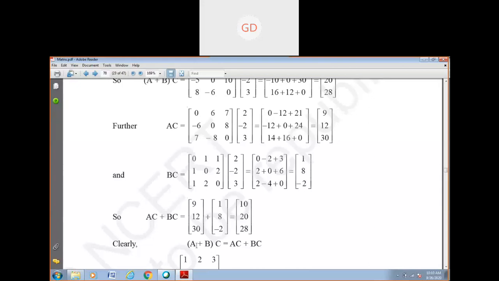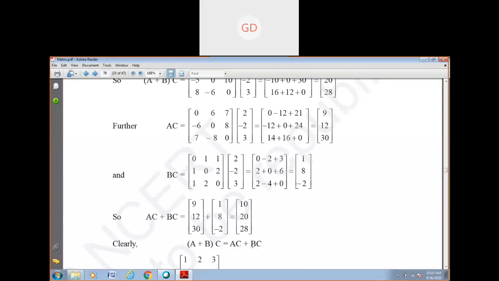That means A plus B into C is equal to AC plus BC. That means if we add A and B, then multiply by C, whatever matrix we have finally is the same as if we add the matrices obtained by multiplying A into C and B into C separately.